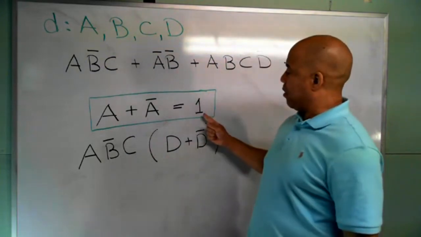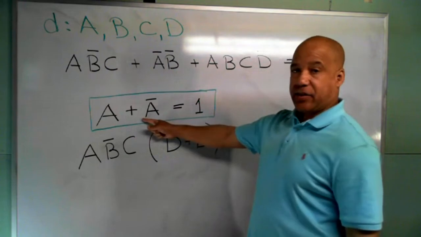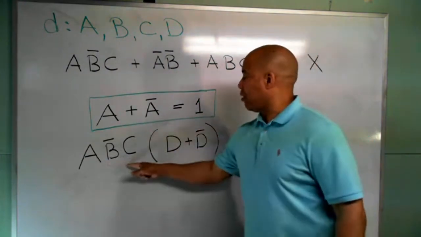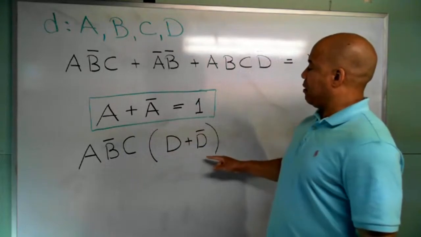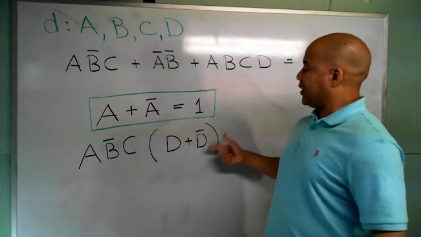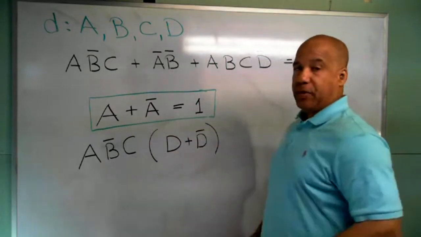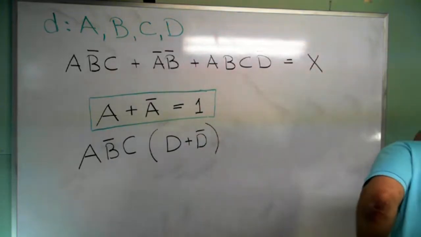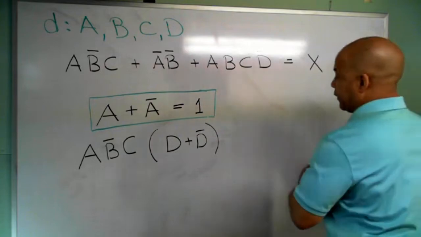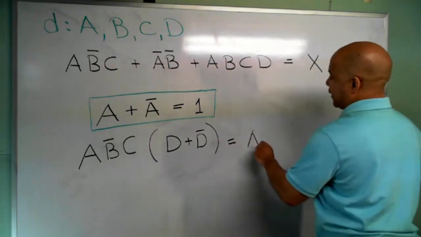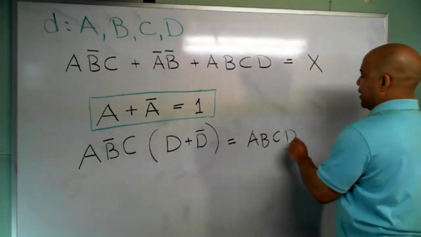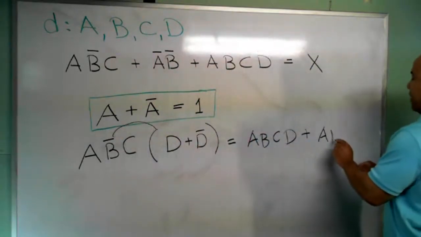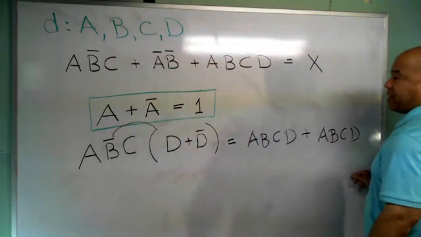So by ANDing this term with D or D naught, I don't change the logical value. Now you would distribute that. That's called expanding the term. If you expand the term, what you get is A, B, C, D, or taking this into there, A, B, C, D.